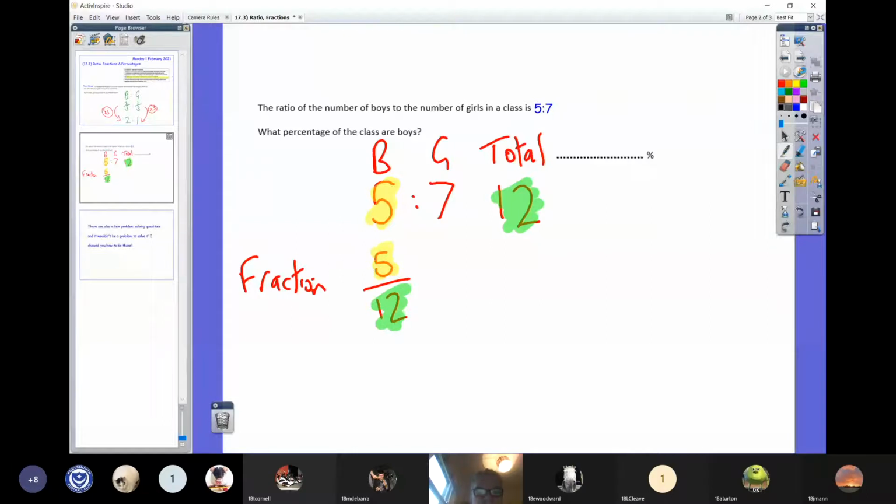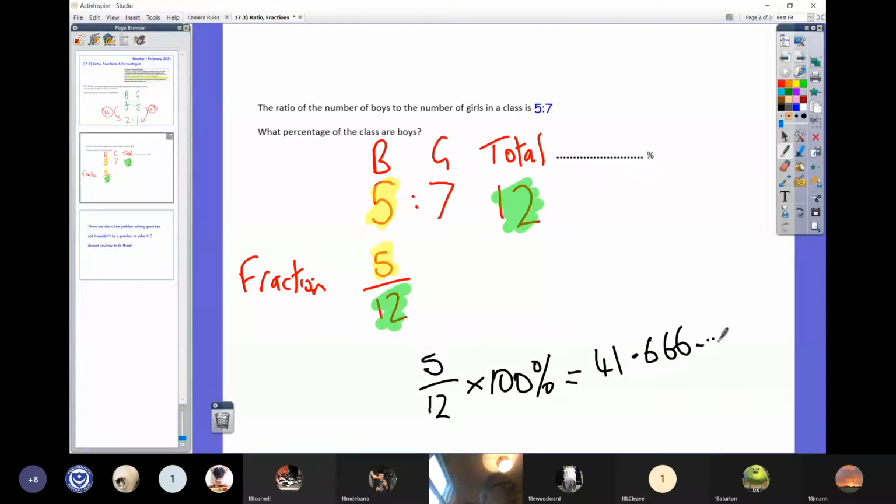And just to remind you, to turn that into a percentage, you literally pop into your calculator 5 over 12 and times it by 100 to turn it into a percentage. So I would suggest you use the fractions button on your calculator, that one third down on the left, 5 over 12, move over with the arrow key, multiply by 100, and that gives me 125 over 3, plus the SD button, I get 41.666%.